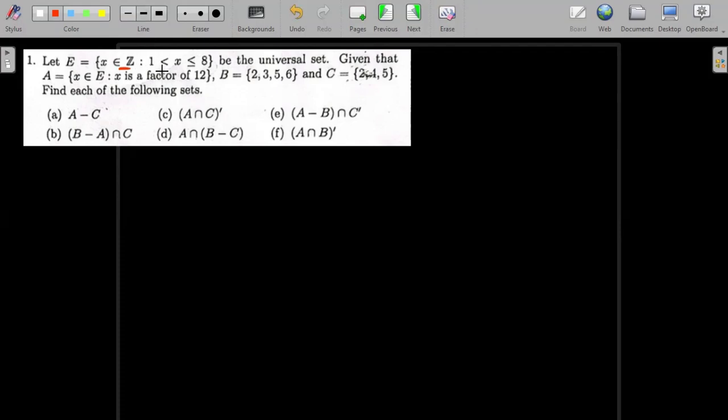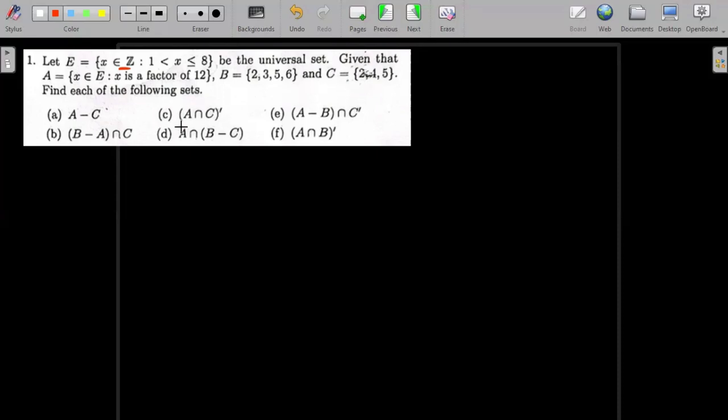They're telling us that the range or the interval for our integers is from 1 up to what? Up to 8. At 1, it is strictly less than, meaning 1 is not part of that interval. But at 8 there is an equal to sign, meaning 8 is part of that interval.